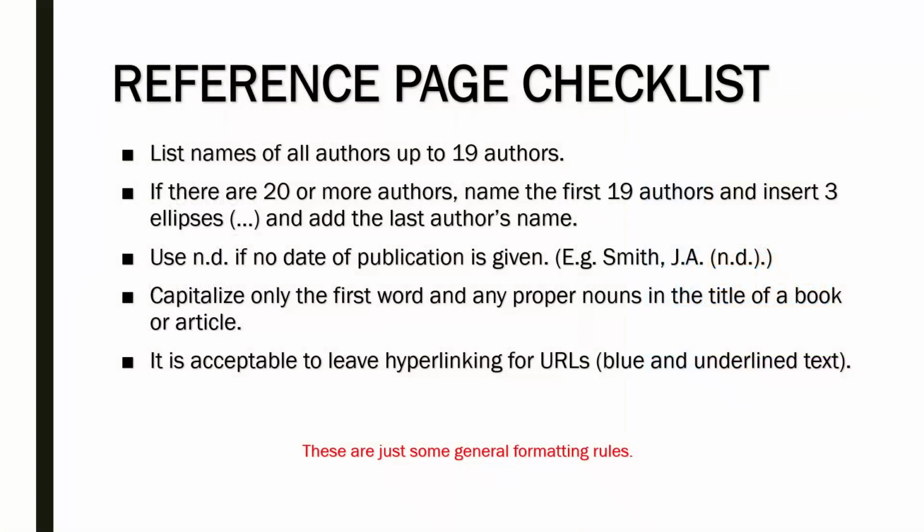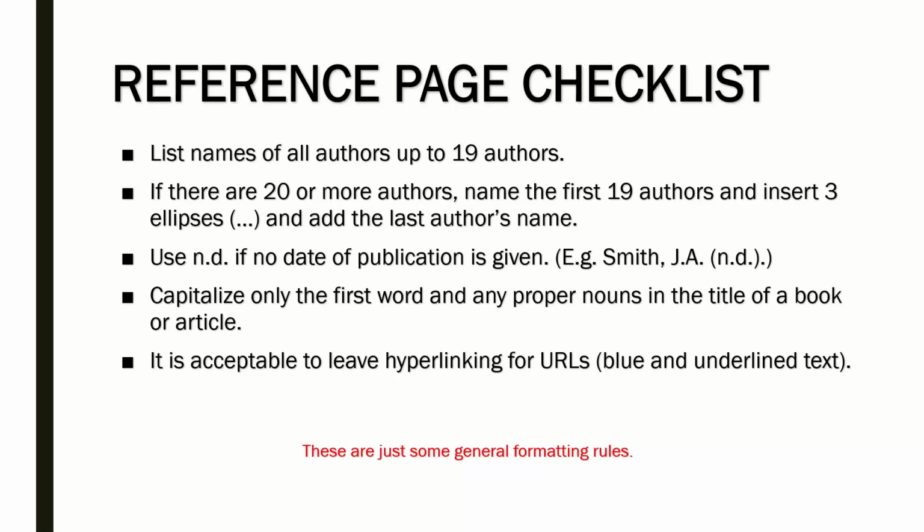Before we get into how to cite the most commonly cited sources in APA style, let's go over a general checklist to keep in mind when it comes to APA's reference page. On the reference page, you'll list all authors up to 19. After this, you will need to insert 3 ellipses and add the last author's last name.